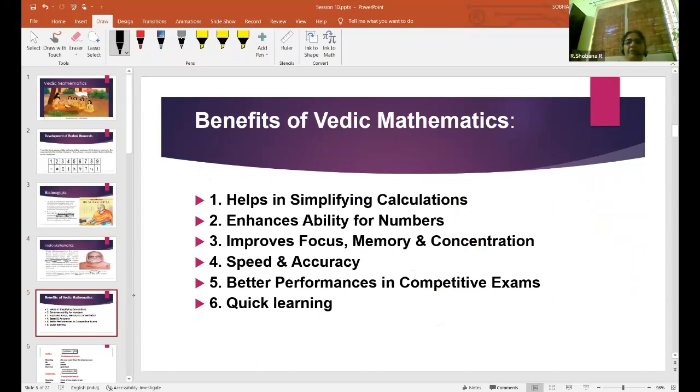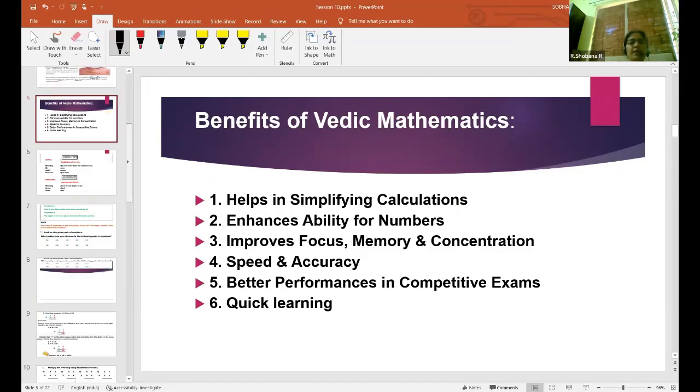So what is the benefit of using Vedic mathematics? We could all see before going into the actual concept. Use of Vedic mathematics can help in simplifying calculations, enhances ability with numbers, improves focus, memory, and concentration. Definitely it improves the speed and accuracy.